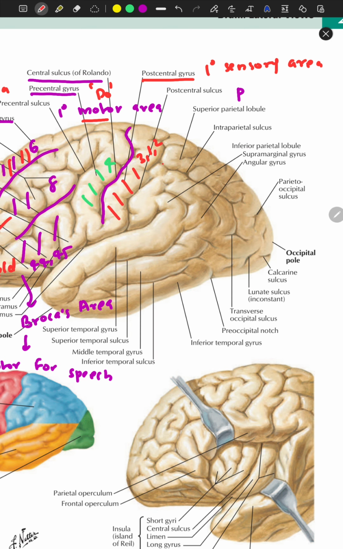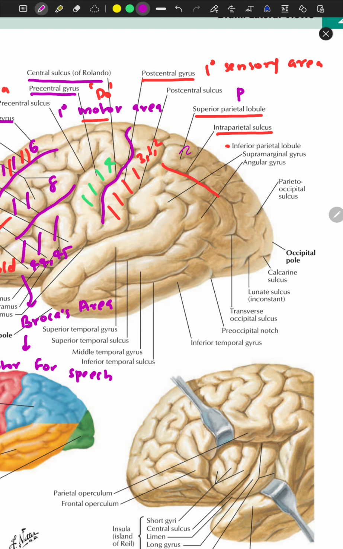You can see a sulcus here, that is the intraparietal sulcus. This intraparietal sulcus divides the parietal lobe into a superior parietal lobule and an inferior parietal lobule.